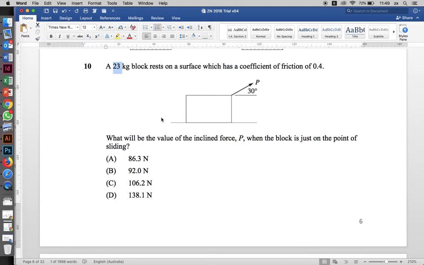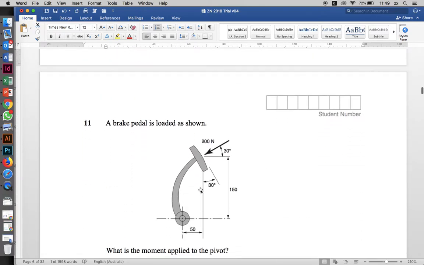Okay, when we multiply that out, we're going to get 0.66P plus 0.2P, which we can simplify to 1.066P equals 92. So if we then divide 92 by 1.066, we get our answer. And our answer is A, 86.3 newtons.